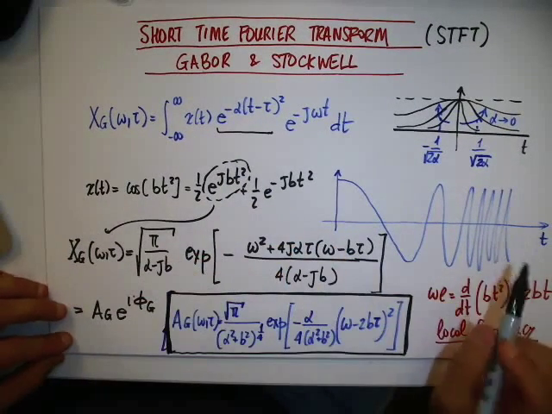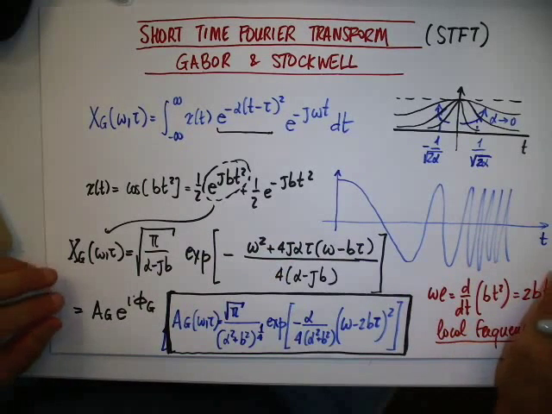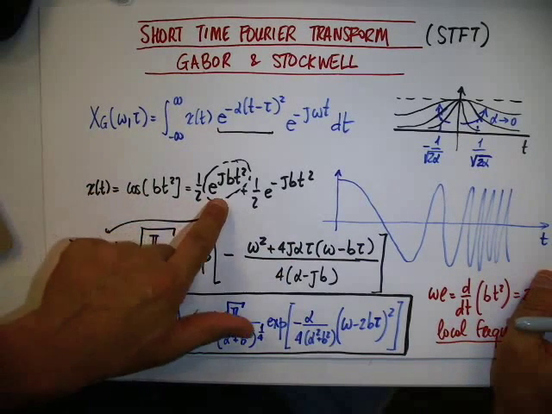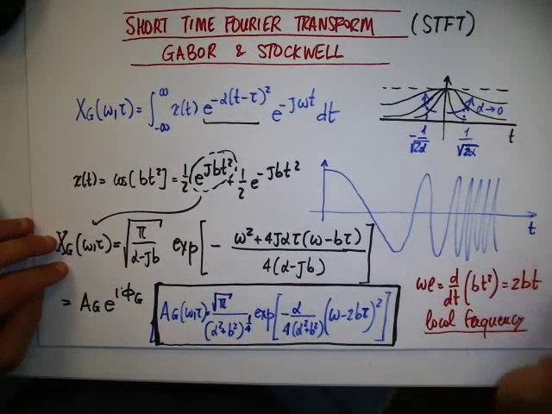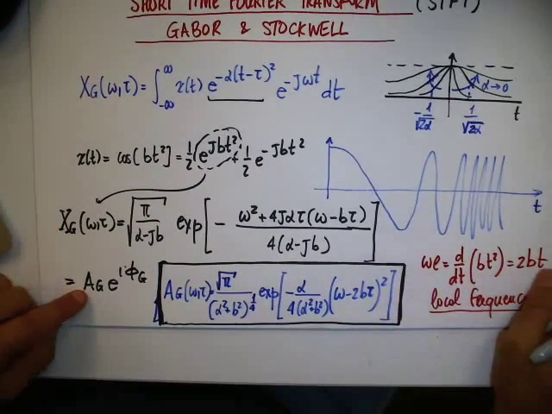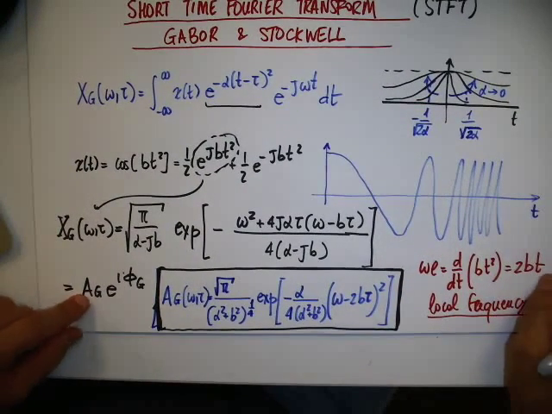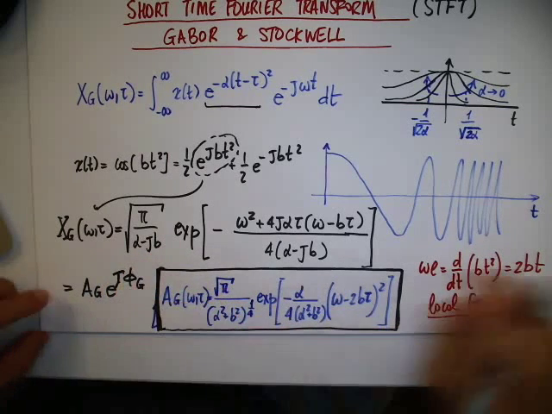So if you look at the previous videos, there is the full derivation of the Gabor transform of this complex exponential. And what is nice, the expression is very compact. Then it can be written in polar form with an amplitude times e to the j phase.